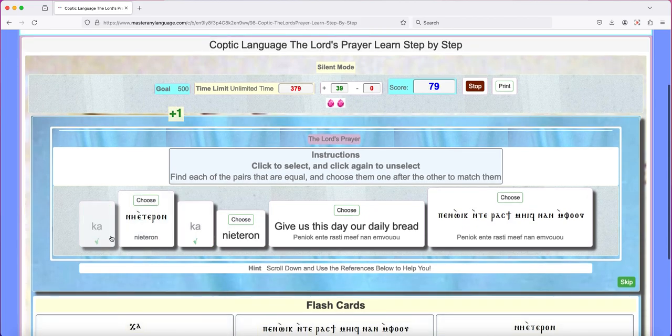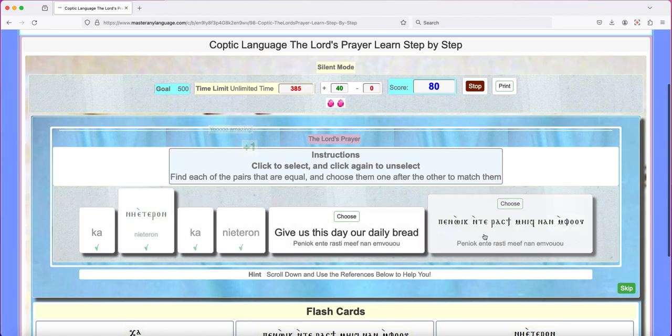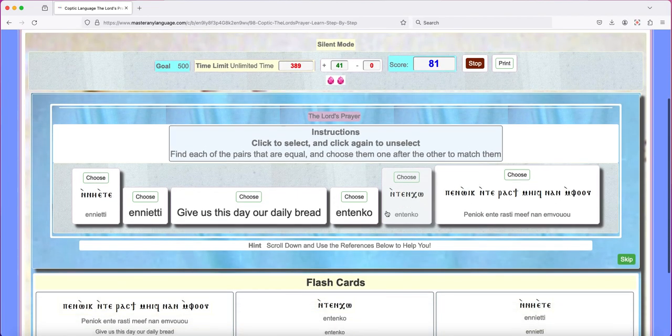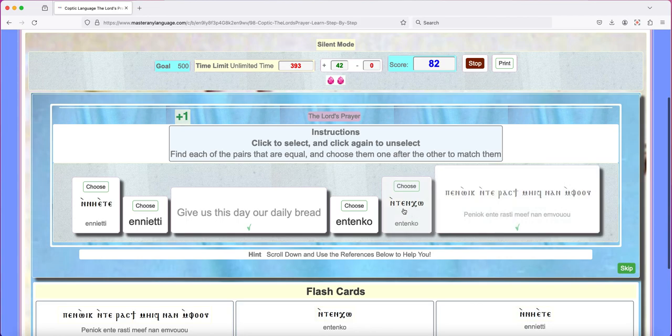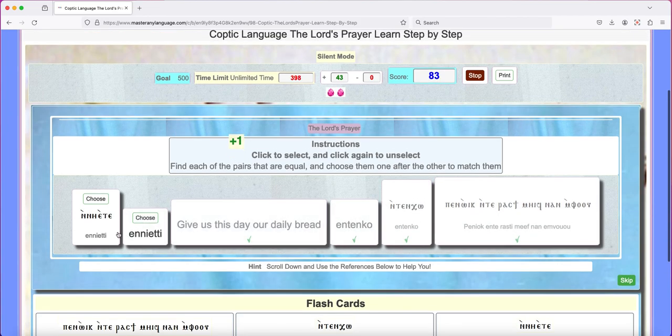Ka. Nieteron. Pinyoik and Tirasti Mifnanamevo, give us this day our daily bread. Pinyoik and Tirasti. I'm going to finish up soon. We're kind of going through it. We get it. Inieti. Niete.